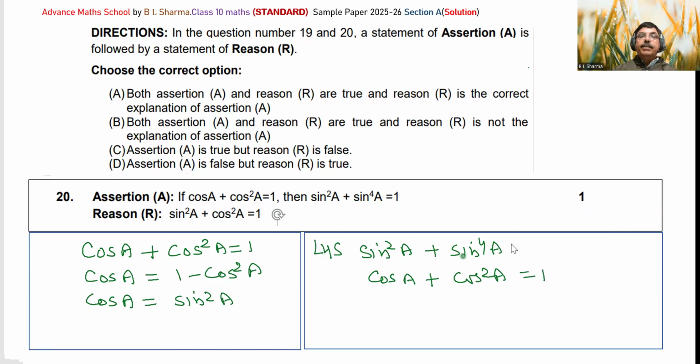So sin square A plus sin 4A is equal to 1. This is also correct, and it is the correct explanation. So we can say that A is the correct option.